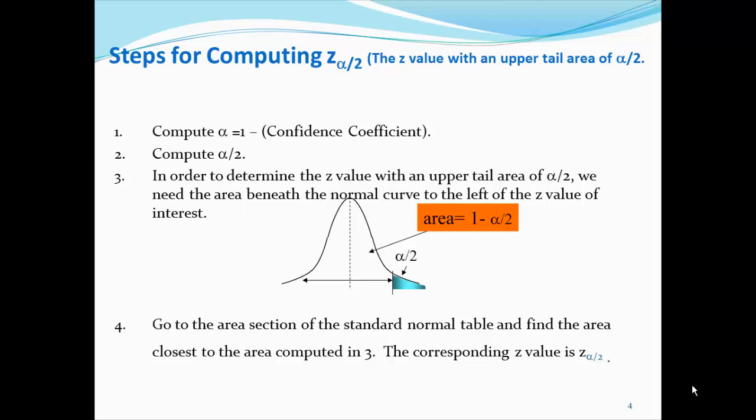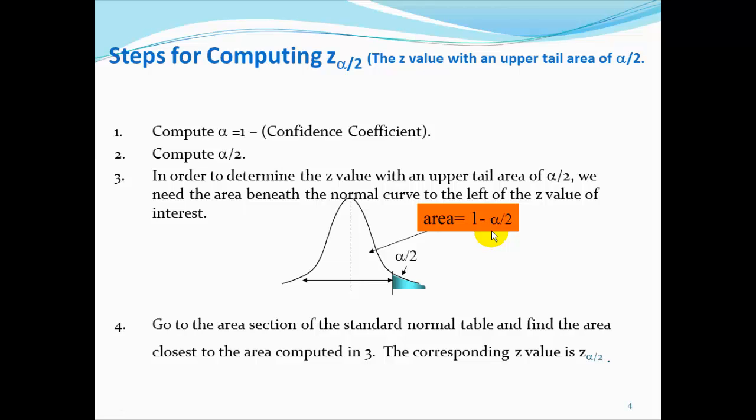In step 2, we compute alpha divided by 2. And in step 3, if we have an upper tail area of alpha divided by 2, in order for us to use the standard normal charts, we have to know the area to the left of that z-score. So if the upper tail area for the z-score is alpha divided by 2, then the area that we can look up on the chart would be equal to 1 minus alpha divided by 2.